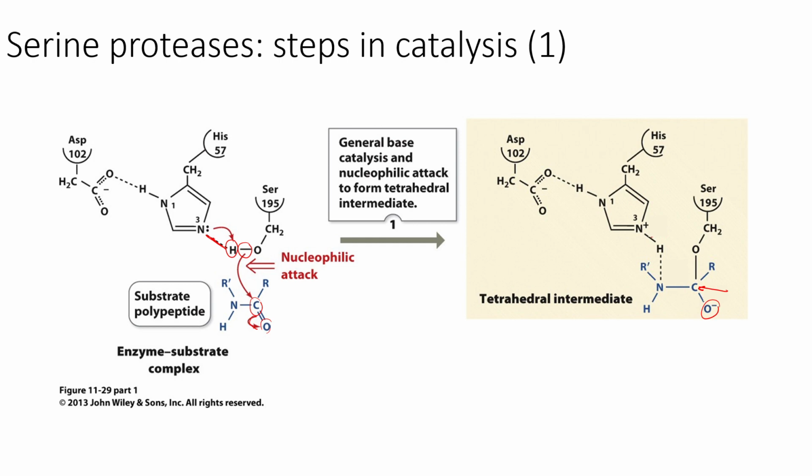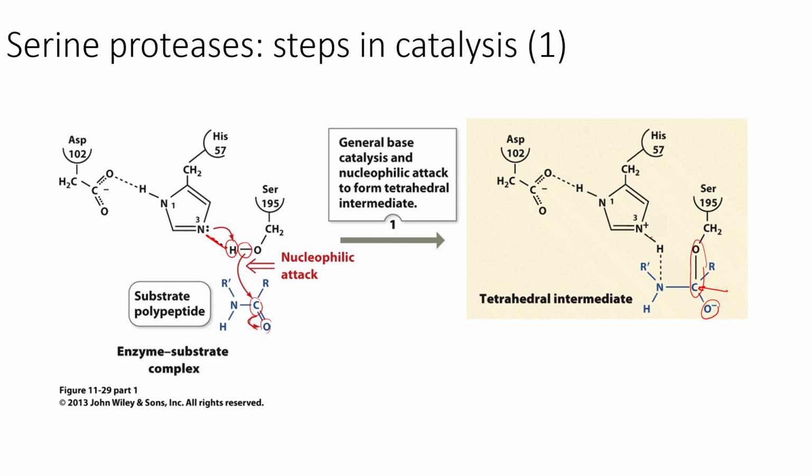It's not very favorable, but our catalytic triad is helping to stabilize it, and it's doing that in a couple ways. So first we have our serine, right? It formed this nice covalent bond with the carbon, and that's going to help to better distribute the electrons than they would be without it there.